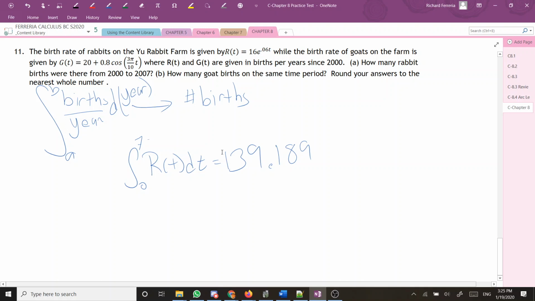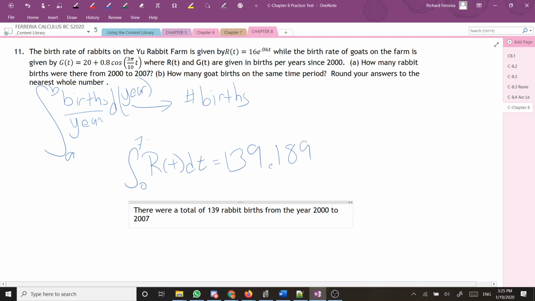And so at the end here, we're just going to type, there were a total of 139 rabbit births from the year 2000 to 2007.